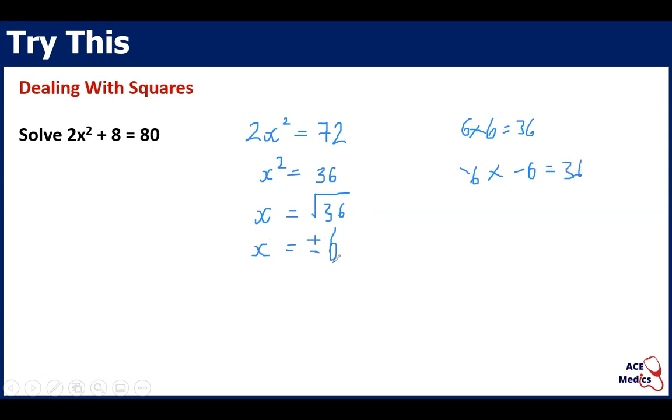So we always need to make sure we write our answer as plus minus 6. A question might say, if it's in terms of people being the answer, obviously you can't have a negative number of people, so there'd only be one answer. But in this case, it has to be positive or negative. Okay? Does that make sense to everyone? Cool. So that's how to deal with square numbers.